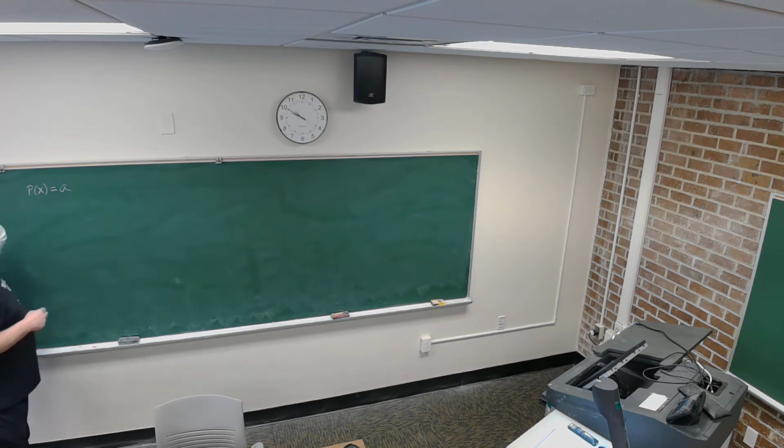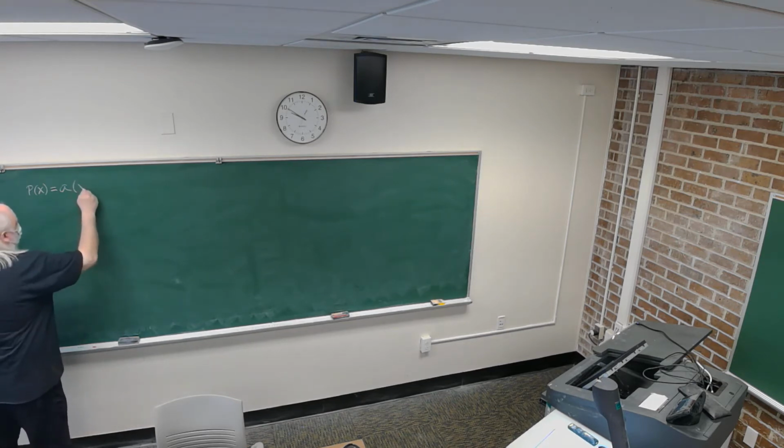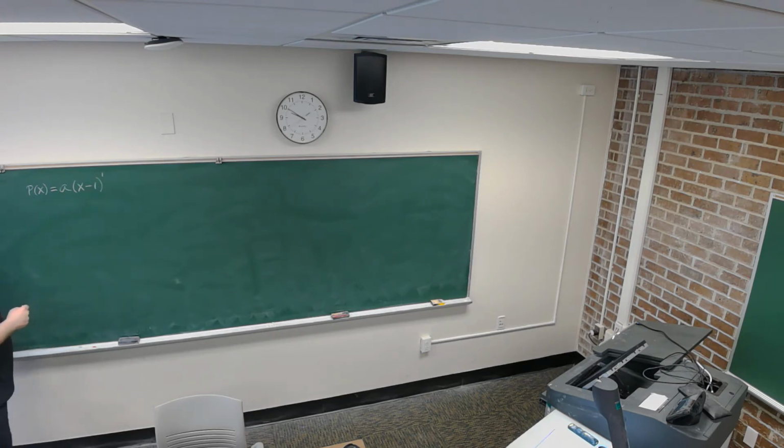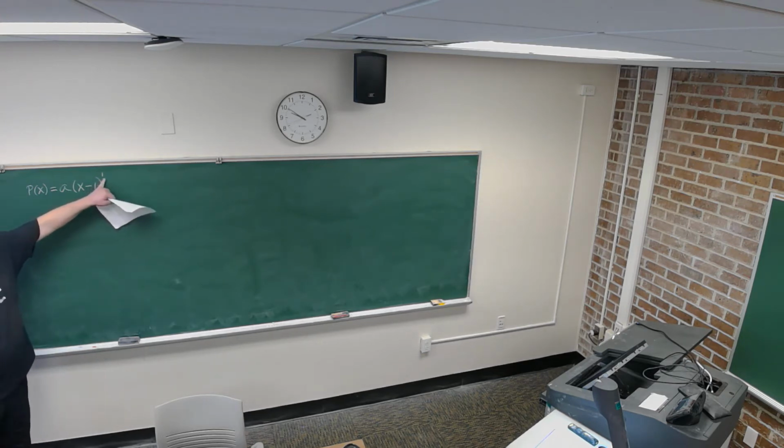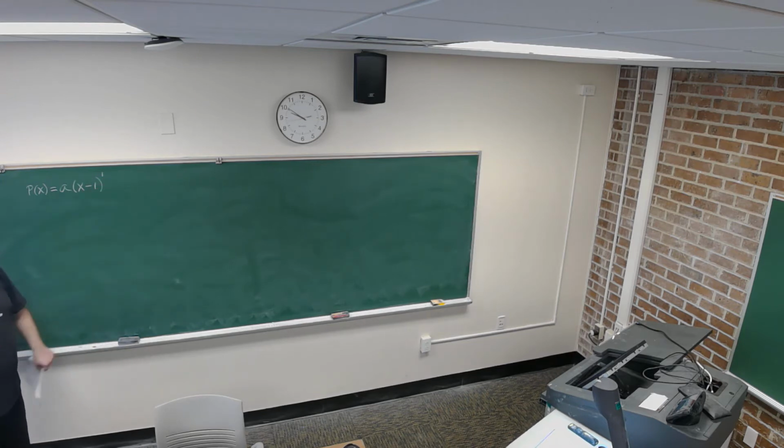And we're given that this cubic polynomial has a zero of multiplicity 1 at x equals 1. So that means x minus 1 is a factor. And since it has multiplicity 1, the exponent on the factor x minus 1 is 1. Okay? But it's invisible.